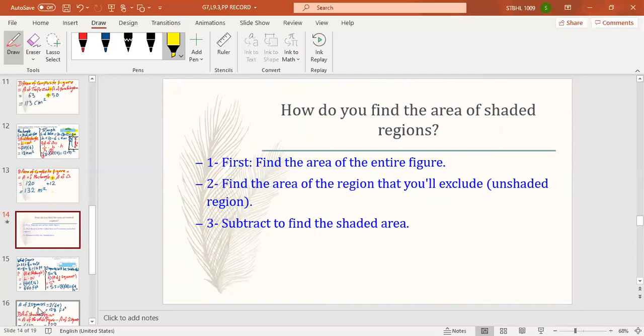And now we will move to the second objective, which is how to find the area of the shaded region. To find the area of the shaded region, we need first to find the area of the entire figure or whole figure.